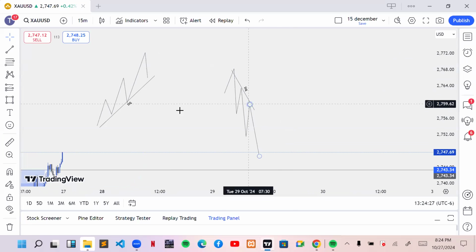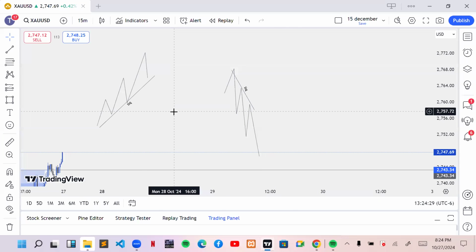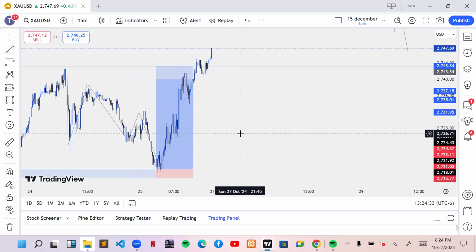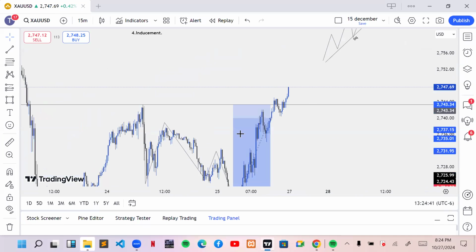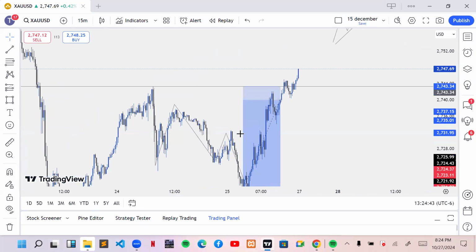So these are the types of liquidity: the trend line liquidity, the uptrend and the downtrend. Knowing the pattern the market is following as it approaches your point of interest will tell you exactly where to take your profit.